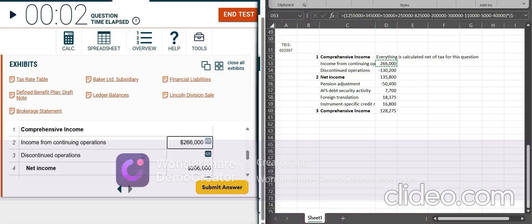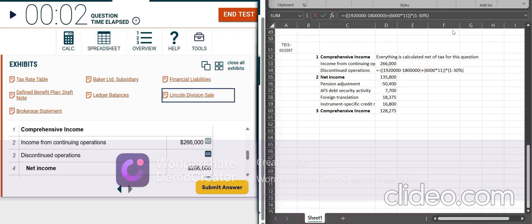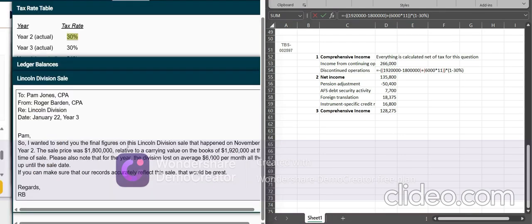Now let's calculate discontinued operations. To calculate this, we need to open the Lincoln division sale exhibit, and we need to subtract the original sale price of 1.8 million from the carrying value of 1.92 million, because the sale happened at a loss.